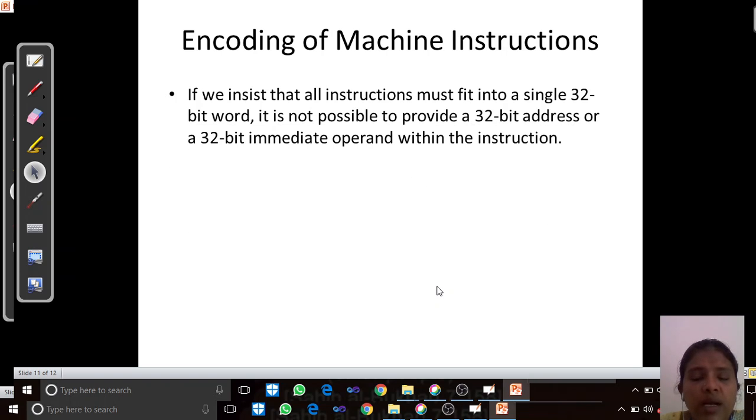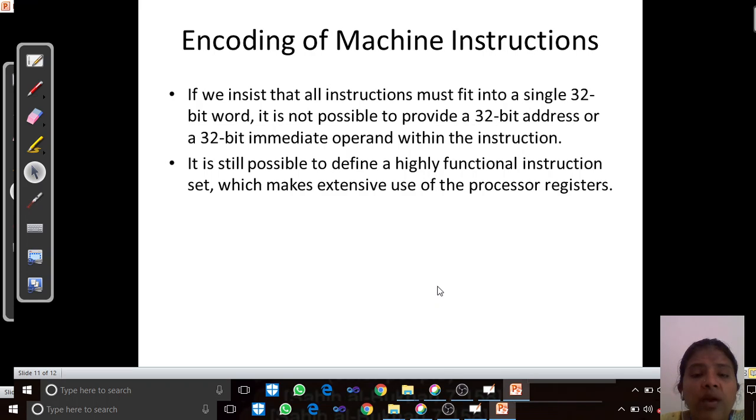If we insist that all instructions must fit in a single 32-bit word, it is not possible to provide a 32-bit address or 32-bit immediate operand within the instruction. It is still possible to define a highly functional instruction set which makes extensive use of processor registers.